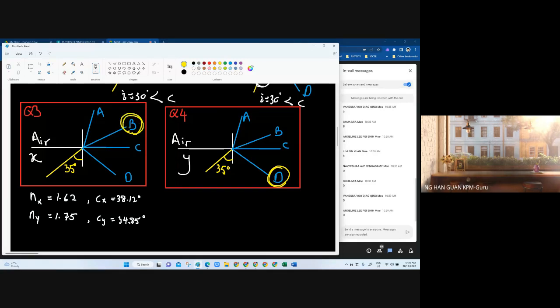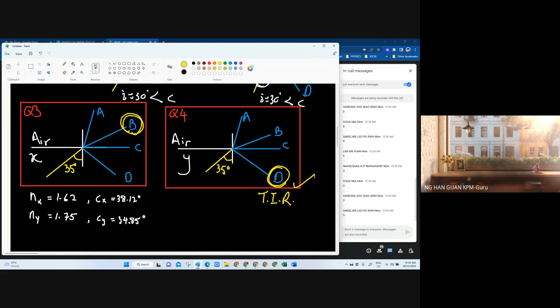So from here you can see what happened on question 4. For the medium Y with the incident angle 35 degree, total internal diffraction has occurred.